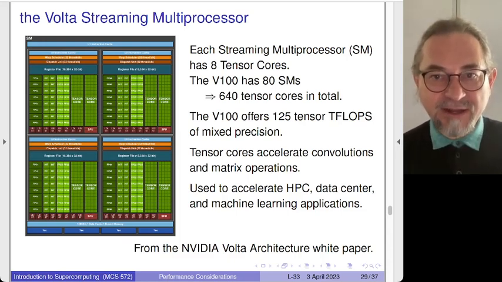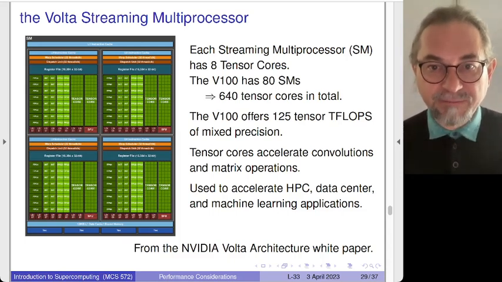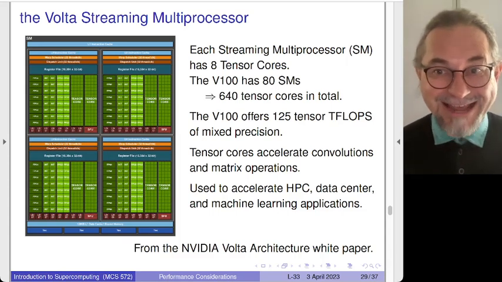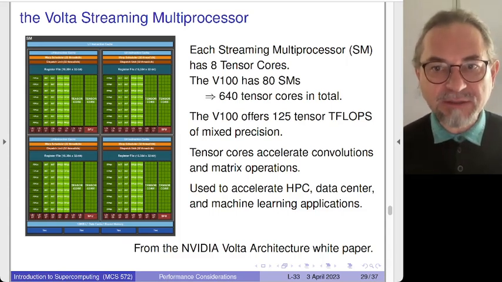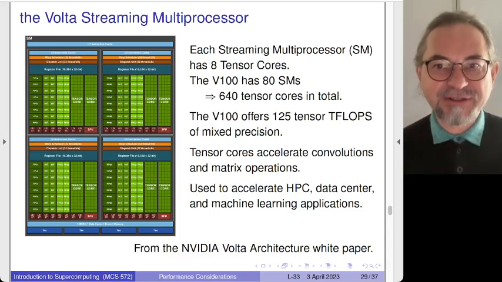The Volta that I have has 80 streaming multiprocessors, so we have 640 Tensor cores in total. And the Tensor cores give you mixed precision of 128 teraflops. So this is double, or actually triple digit teraflops.